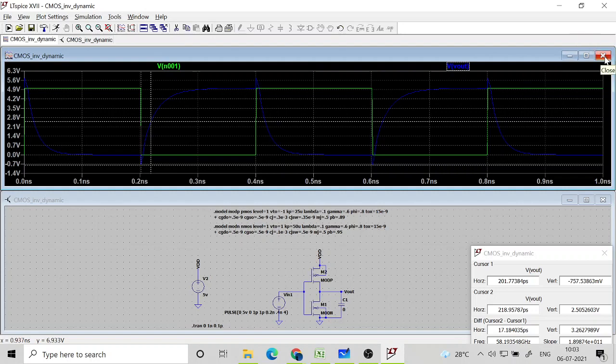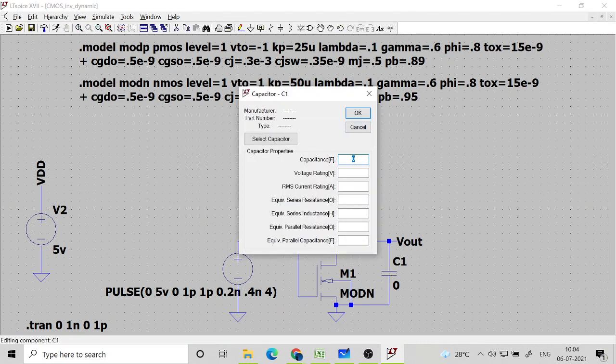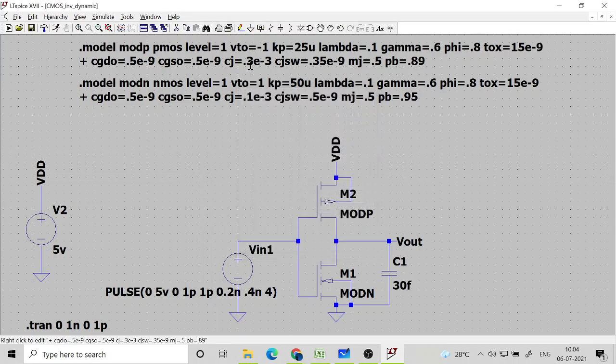Now if you look at this in the presence of load, let me add say 30 femto as the load.